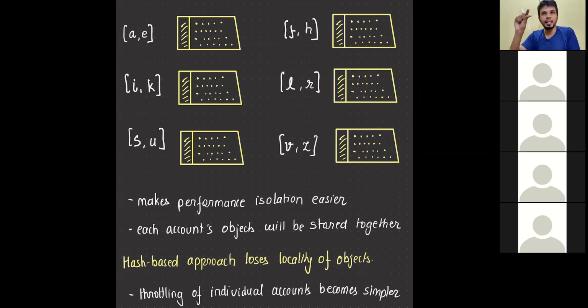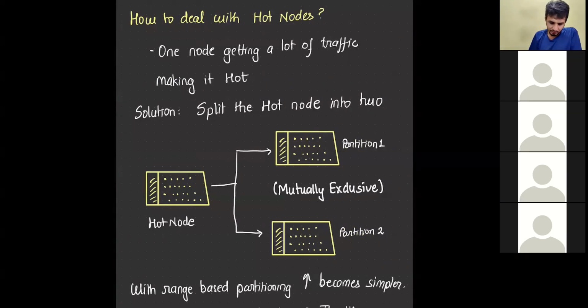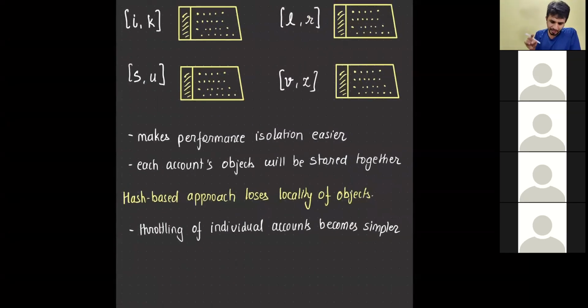So once we identify, okay, this is my hot partition, I'll add one more entity in between. I'll define one more hard disk where the data would be there for L to M and N to R. So through this range-based partitioning, we make performance isolation easier. Let's say the bucket starting with M is creating a little bit of havoc.